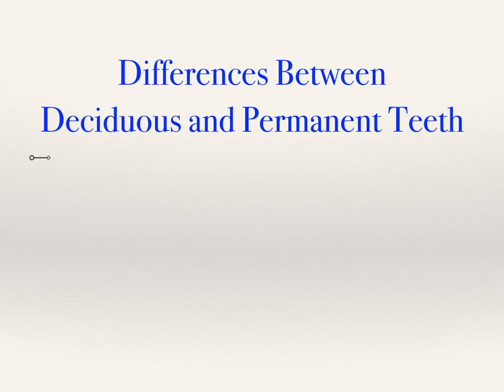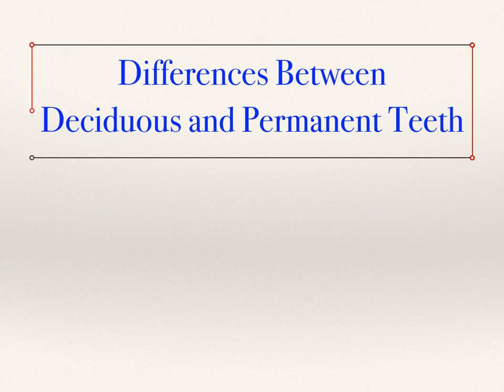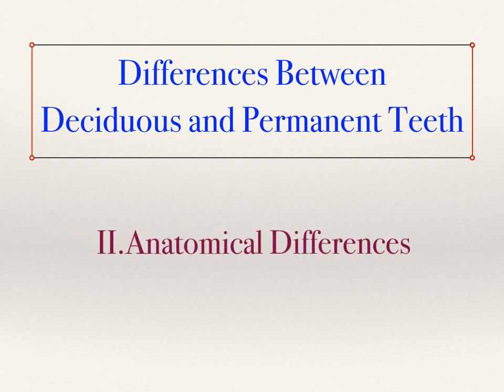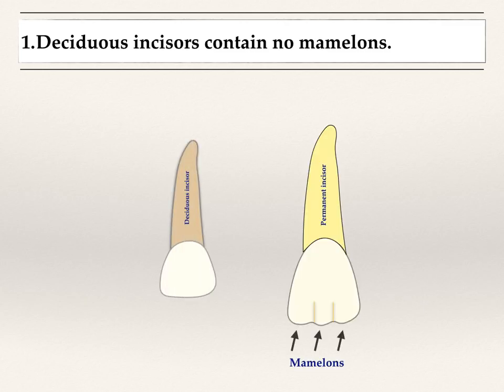Differences between deciduous and permanent teeth from another way. Anatomical differences. Deciduous incisors contain no mamelon. Mamelons are found only in newly erupted incisors.